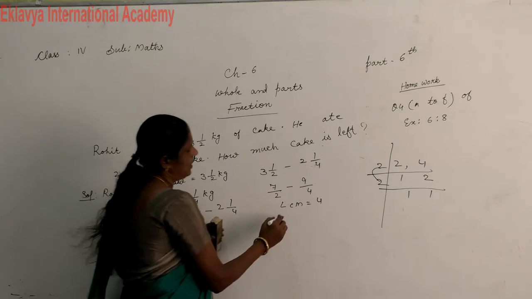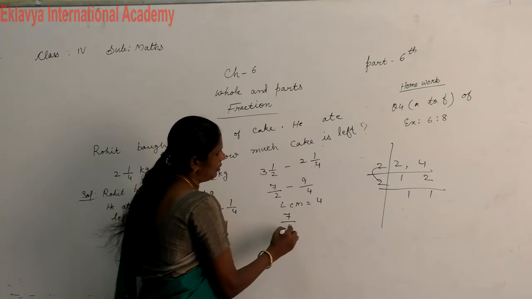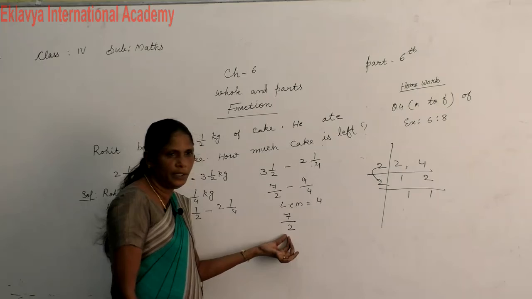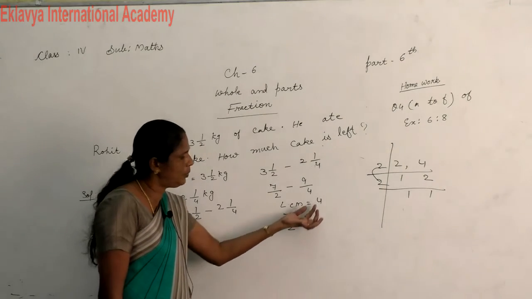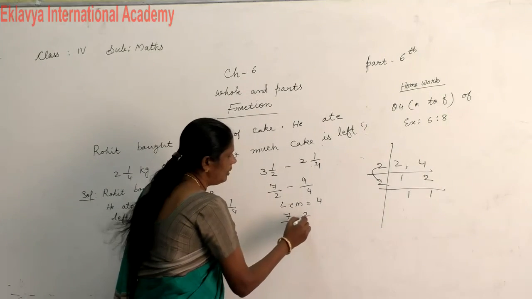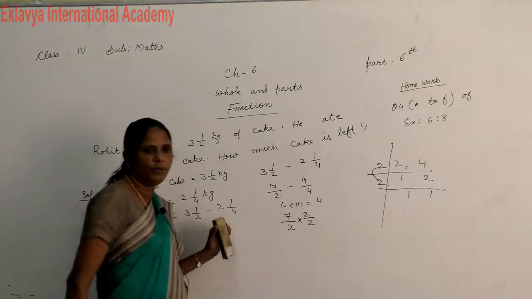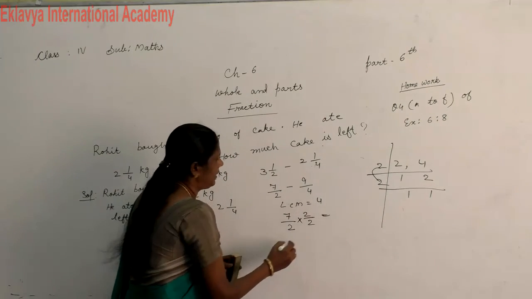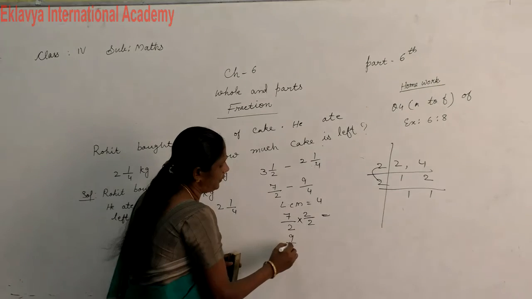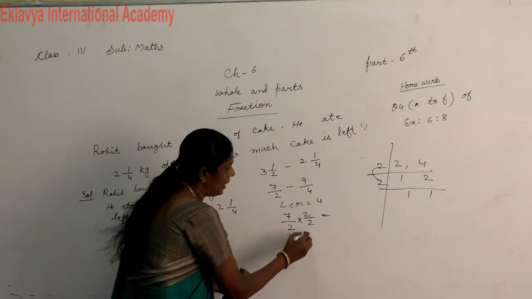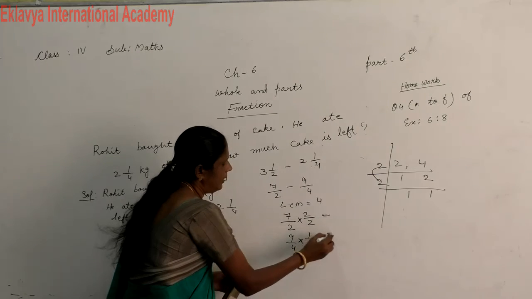Okay. Now 7 by 2, LCM divided by denominator, that is 4 divided by 2, you get 2. You multiply numerator and denominator. Here 9 by 4, 4 divided by 4, you get 1, multiply numerator and denominator.